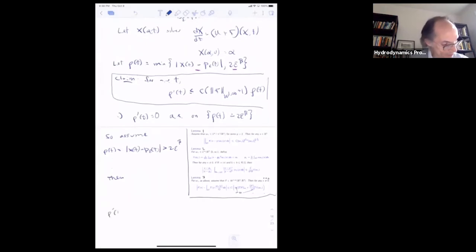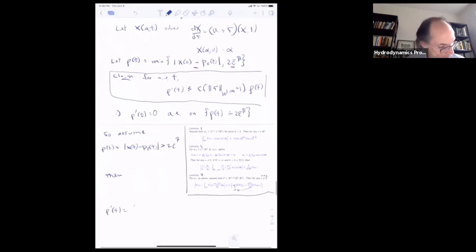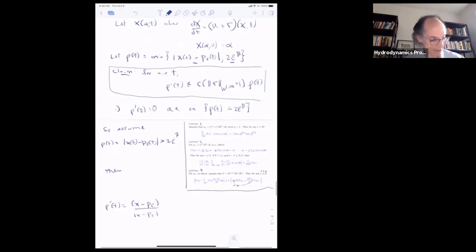Rho prime is x minus p epsilon over the Euclidean norm of x minus p epsilon, and then I take the dot product with d/dt of x minus p epsilon.